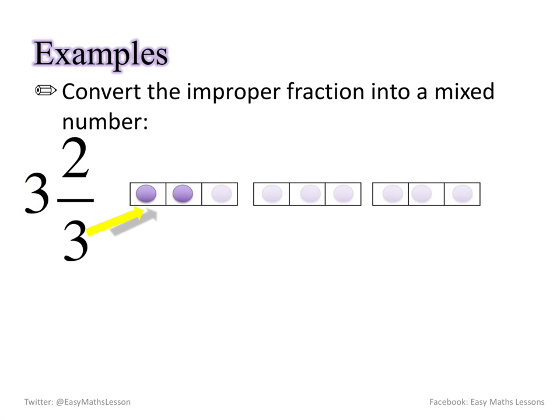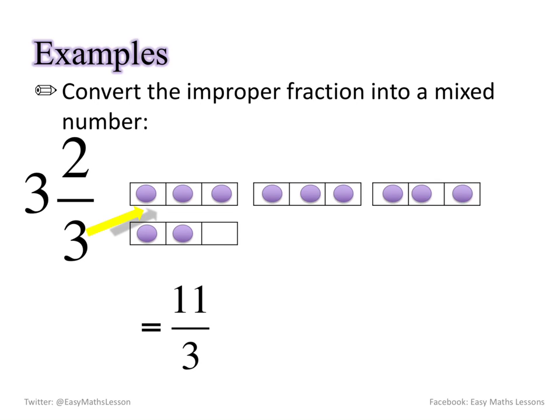But I still need to have this 2/3. I have to have one group with only 2 counters in. So now when I count them up, you'll see that I've got 11 counters. But they're all out of groups of 3, so 11/3. So I've taken my mixed number and I made it into an improper fraction.